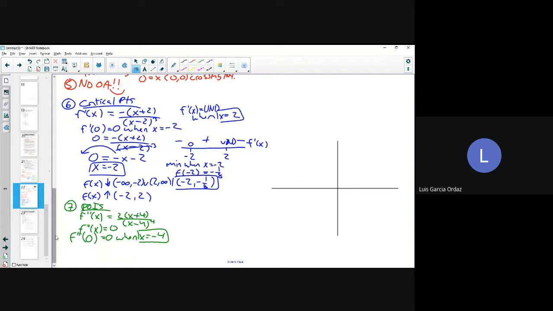and then it is undefined when x is equal to 2. So my point of inflection happens at 0.